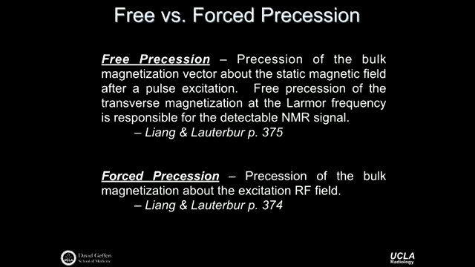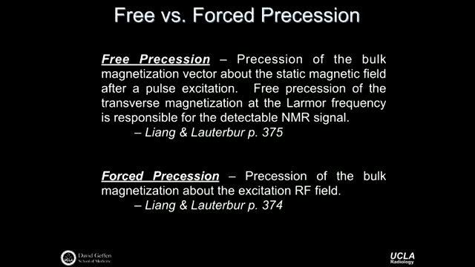So we put spins in the B0 field and we act on them in some way. Maybe we have an RF pulse that acts on them, perturbs the system, and now we're no longer perturbing the system. They're just going to freely precess in that B0 field and go back to some equilibrium state. So free precession of the transverse magnetization, specifically at the Larmor frequency, is what's responsible for the detectable NMR signal. So free precession is a really important state for us, if you will.